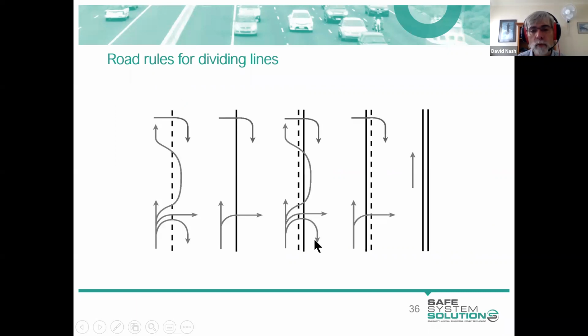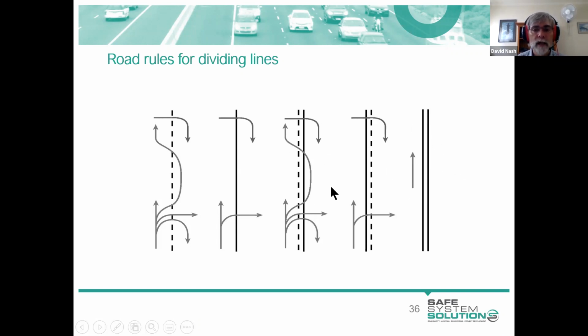What isn't as well known is how this relates to U-turns and maybe also the single line. So the single line allows people to cross the line to enter or leave the road. So you can do a right turn across it and you can cross the line to come into the road, but you can't overtake. So that's the difference between a single continuous line and a double line.